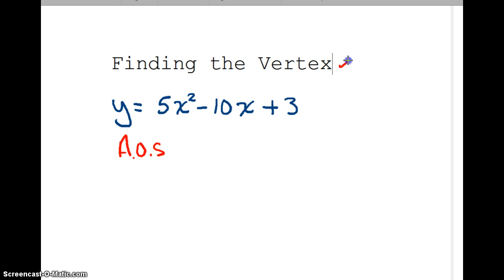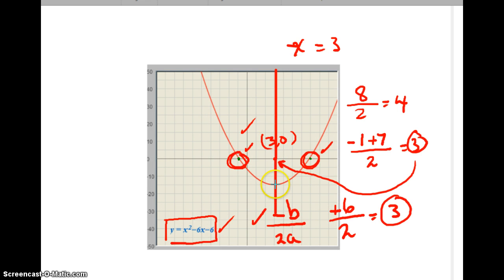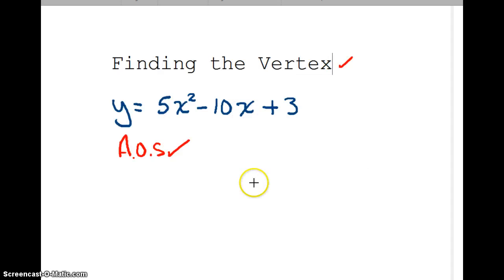In order to find the vertex, I have to know what the axis of symmetry is. Okay? So once I know where the axis of symmetry is, I know that the vertex will be on that line. I'll know that the axis of symmetry will have that x in it.